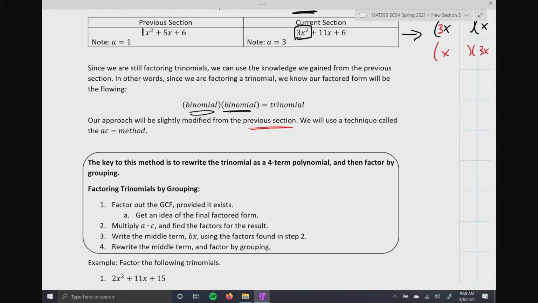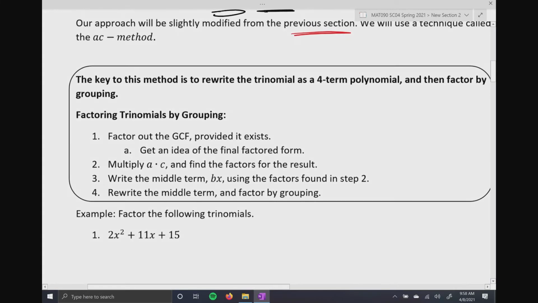So step 1, factor out a GCF provided it exists. A GCF may exist and may not. Then step 1A, I want you to get an idea of the final factored form. I will explain what that means when we get there.